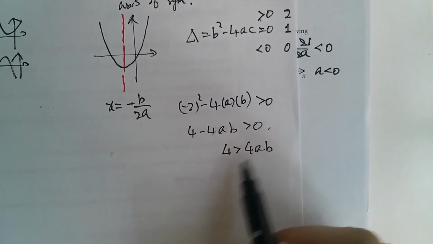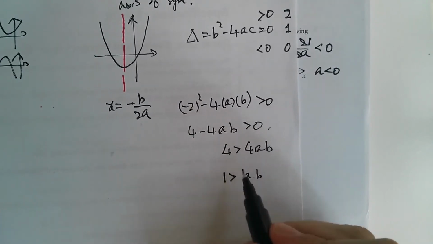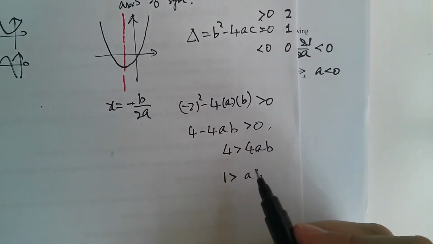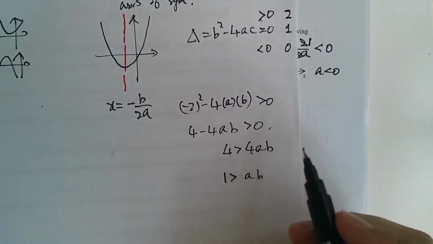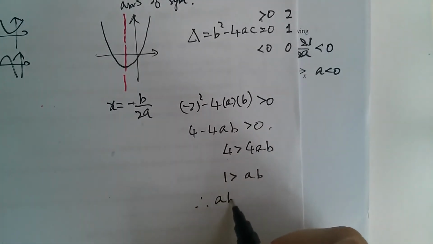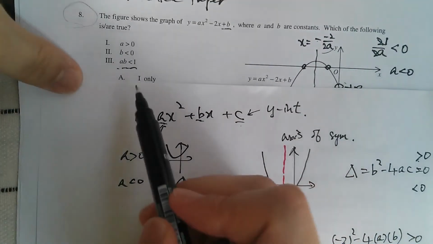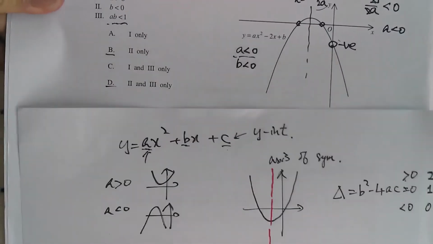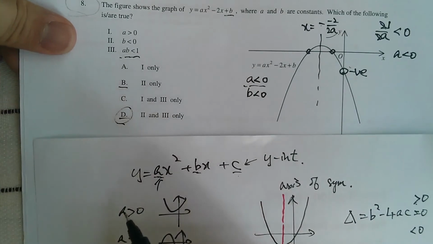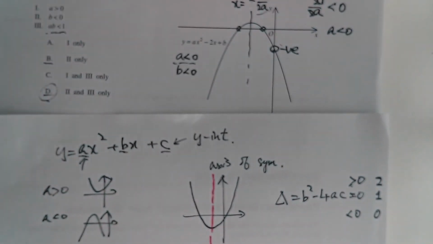Move 4ab to the other side, then divide both sides by 4. When you do an inequality, you switch the sign if you multiply or divide by negative numbers. 4 is positive, so never mind. Therefore, ab is less than 1. A times b is less than 1. Oh look, my 3 is correct. Therefore, the answer is D. So this is it.